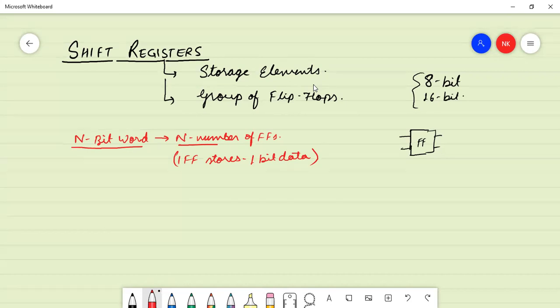Shift register के बारे में अगर हम कहें, तो ये क्या है?